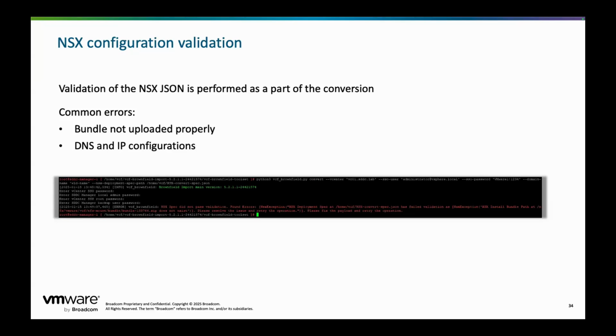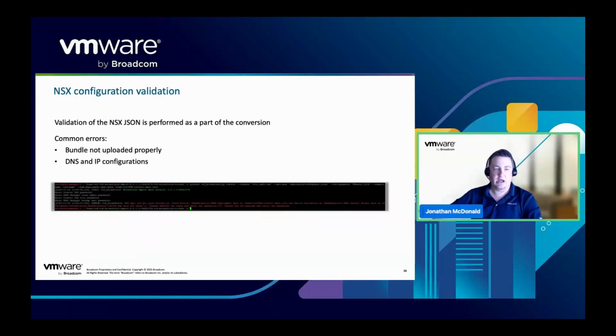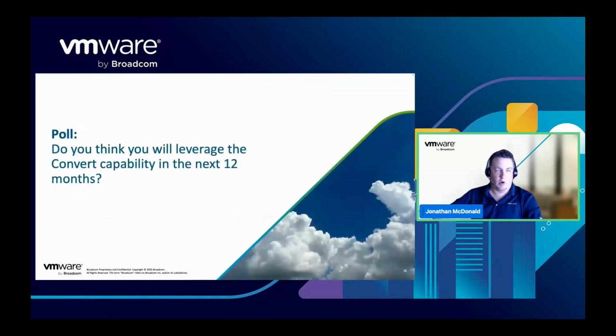And so therefore, to fix that, we just need to go in and upload the binary appropriately. And so we'll show that as a part of our convert demo here in just a second. And also, it's one of those things where it'll check other things such as the DNS and IP configurations and whatnot.